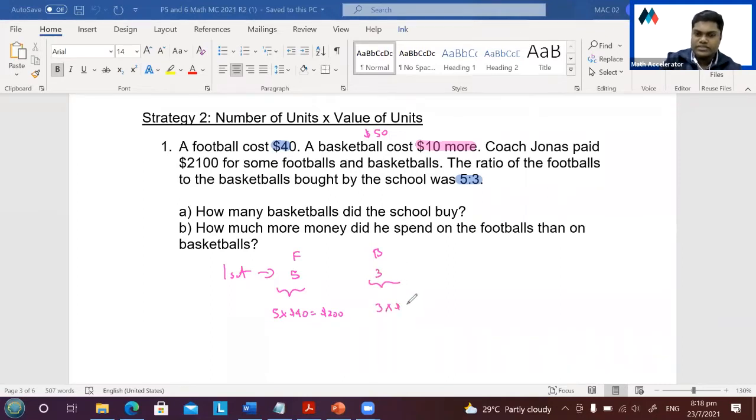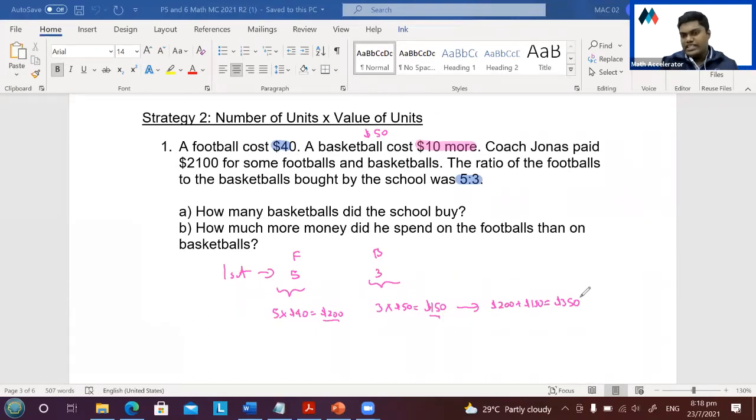So 3 times 50, that will give you $150. So what is the total value of one set? Okay, total value of one set is 200 plus 150. So that equals to $350.